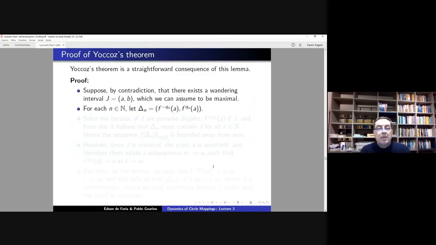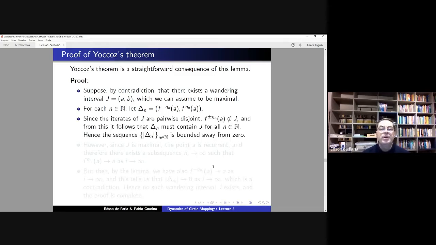Now, let's look at the interval determined by FQN of A and F minus Qn of A. This is an interval on the circle that contains the point A, okay? All right. Now, because the iterates of J are pairwise disjoint, and A is an endpoint of J, FQN of A is an endpoint of FQN of J, right?